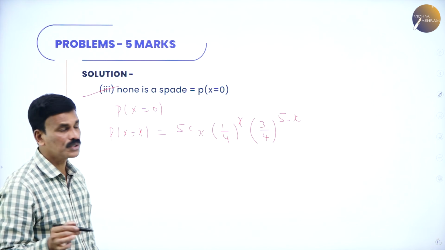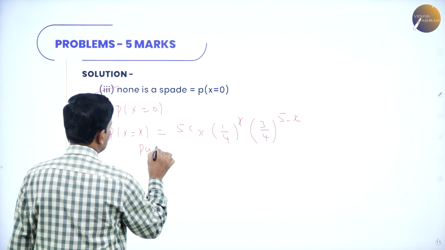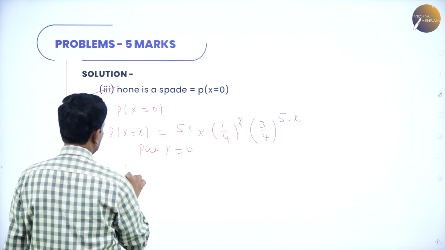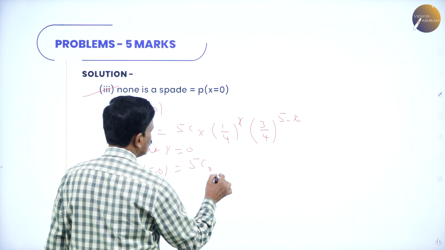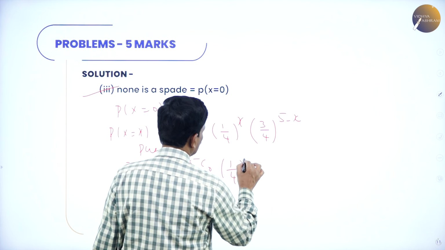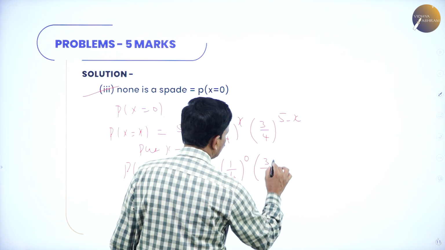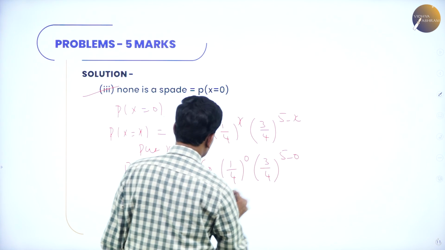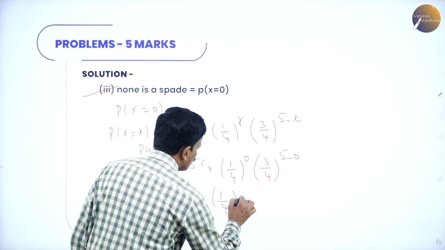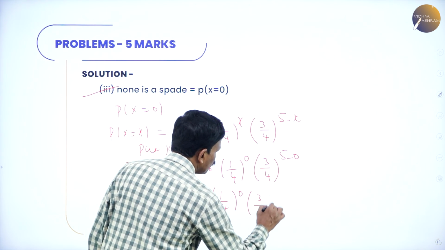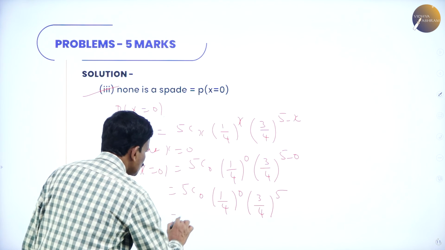Now put x is equal to 0. Then we will get probability of x is equal to 0, 5c0 into 1 by 4 to the power of 0 into 3 by 4 to the power of 5 minus 0. This is 5c0 into 1 by 4 to the power of 0 into 3 by 4 to the power of 5.